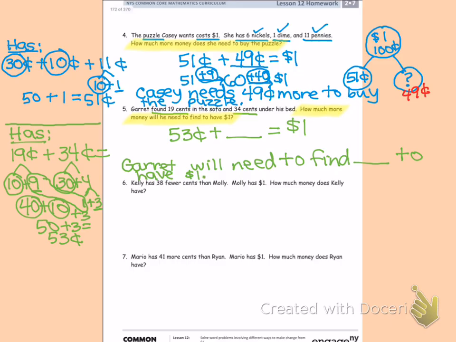Remember, you have to show your work. Use the arrow way, a number bond, or a tape diagram to show how you found the missing addend.